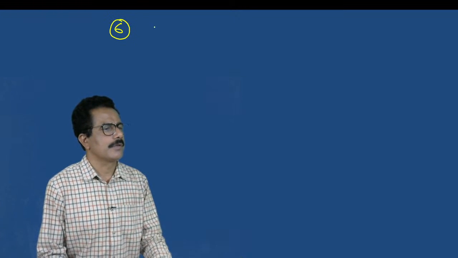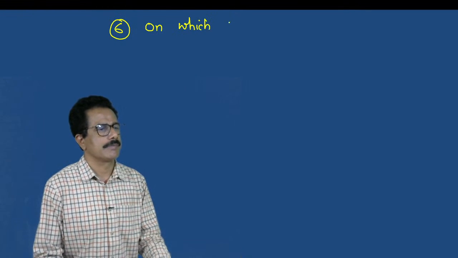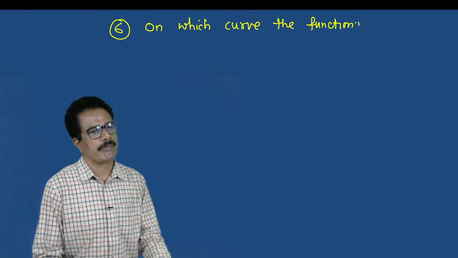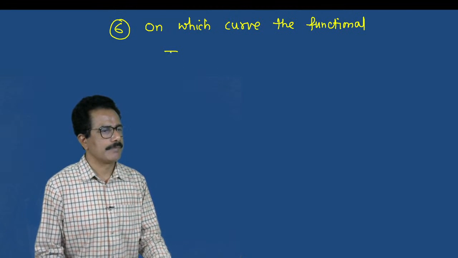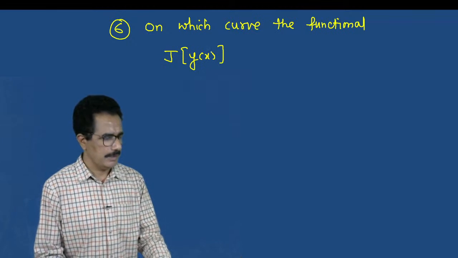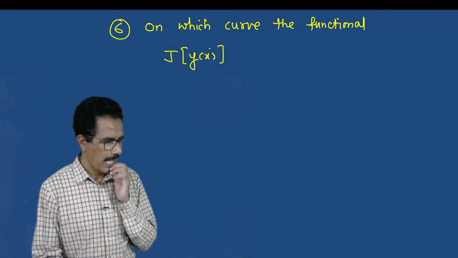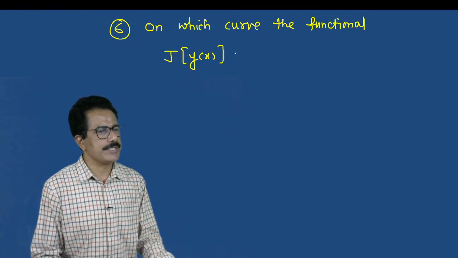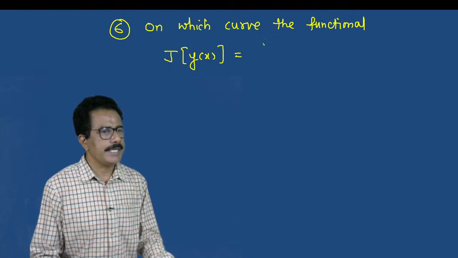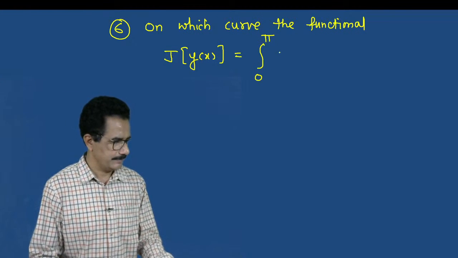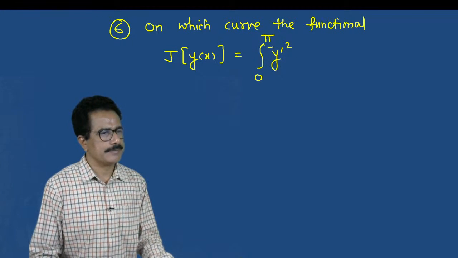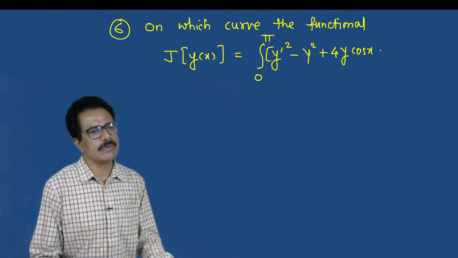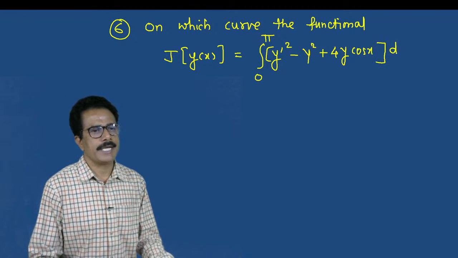Next problem: on which curve the functional J of y of x, which is equals to the integral from 0 to pi of y dash square minus y square plus 4y into cos x dx, is extremized.